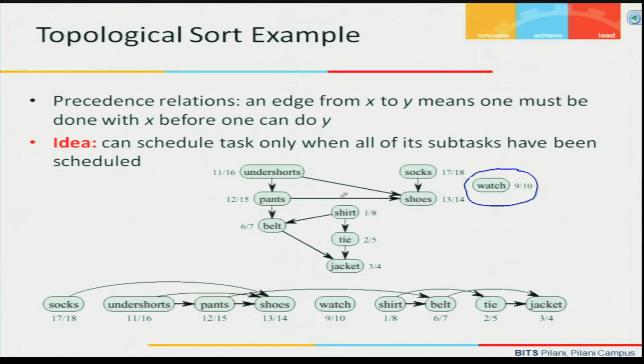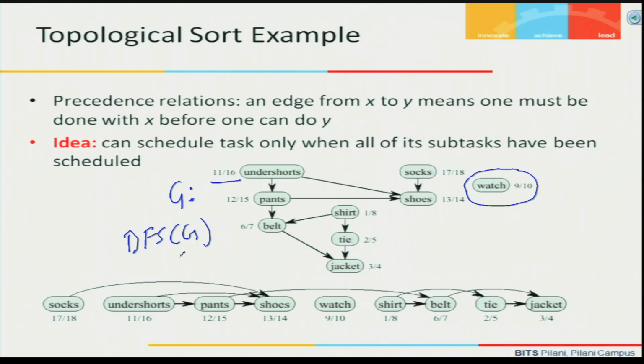Each of the vertices here is marked with its finish time and discovery time. If this is the given graph G, we will do DFS of G. As you do DFS of G, it will return the discovery times and the finishing times, which are represented here.